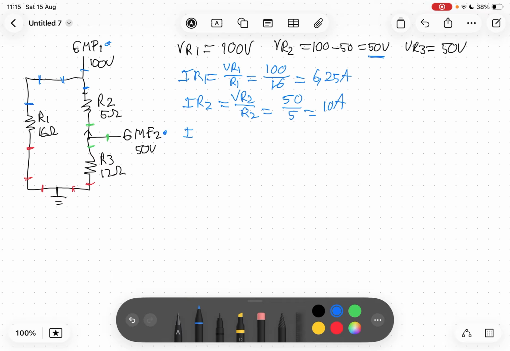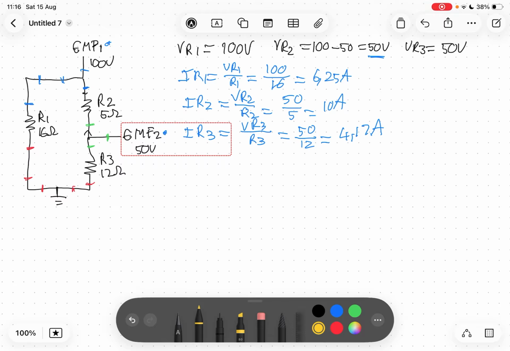And the last current, IR3, is simply VR3 divided by R3, and this is 50 volts divided by 12 ohms, and this is 4.17 amps. It's also very important to know the direction of current flow.